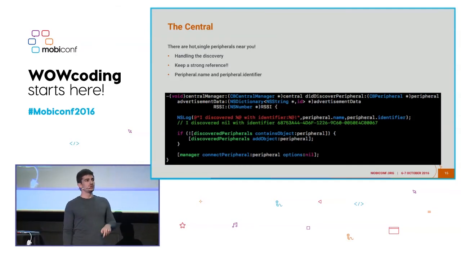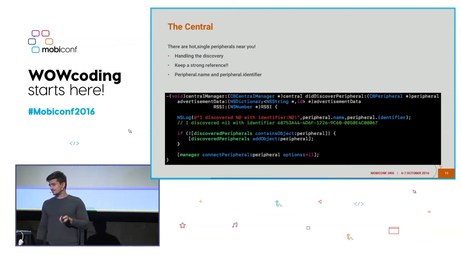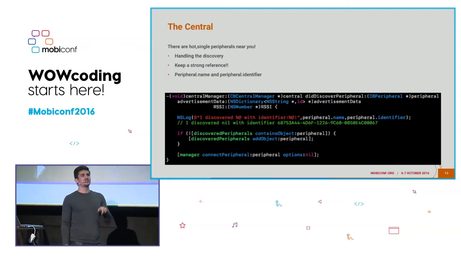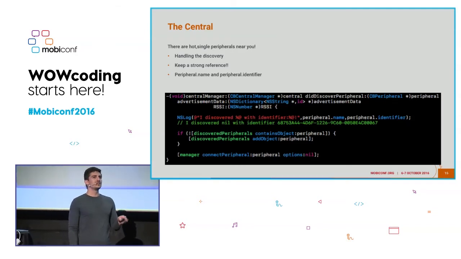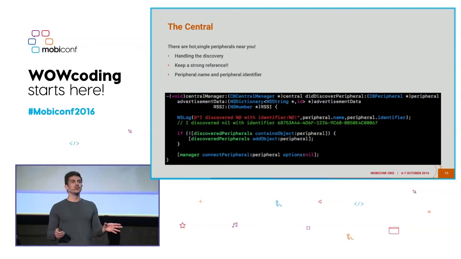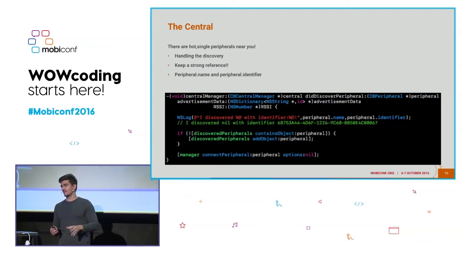It's usually what you would store for restoration, so you won't be able to store it that way; you would have to use it as a string. And if you have a different central, it would give you a different identifier. This is very key. Like I said, I only had one central. If you have two, that means that for the same peripheral, you could have different identifiers. That's really, really important.